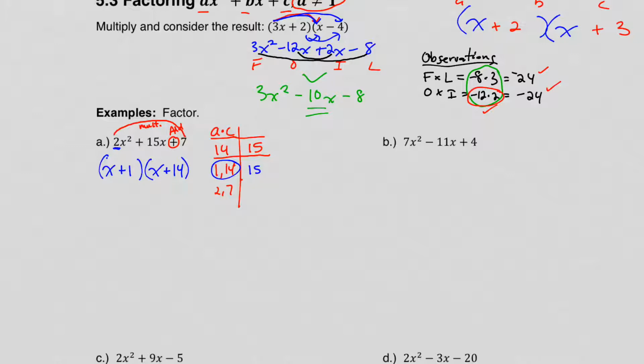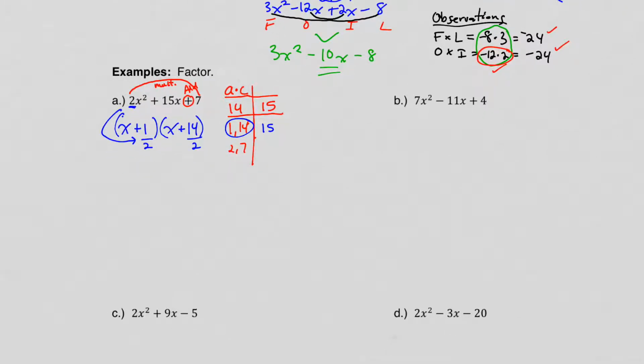This 2 is going to come right under here. We're going to divide by 2 right here. And what happens is, if you can divide by 2, so let's see, 14 divided by 2, that's a whole number, 7.